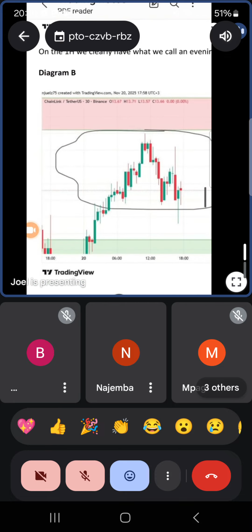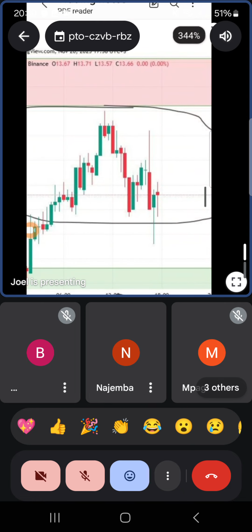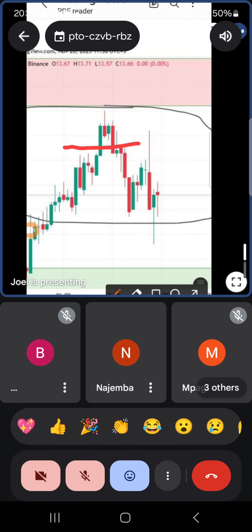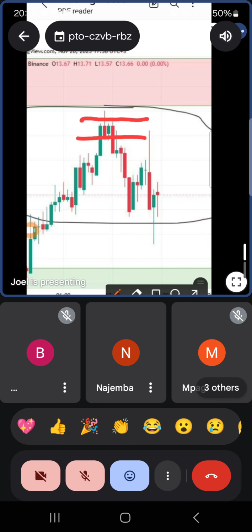I went down further to the 30 minutes. In the 30 minutes, this was very, very good for me, because up here, to me, this is a double top. At the same time, someone else can see this as a head and shoulders.